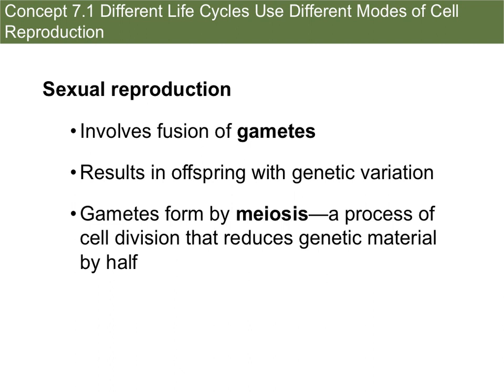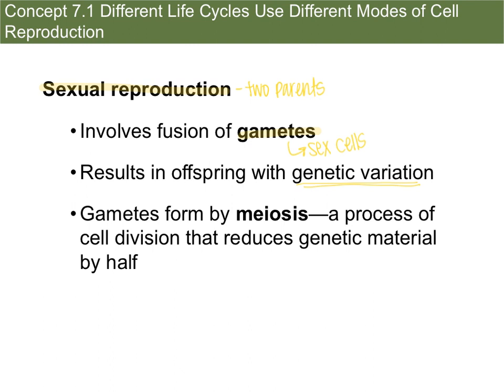The second type of reproduction is sexual reproduction. This is where you have two parents involved in making offspring. This involves the fusion of gametes, which are your sex cells. Now, when this happens, you end up with offspring that have genetic variation because they're not identical copies of one parent or the other.